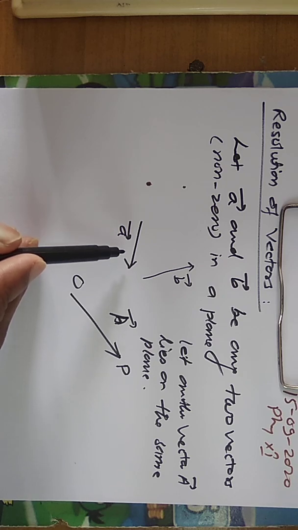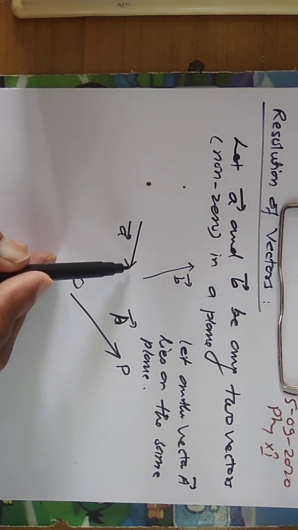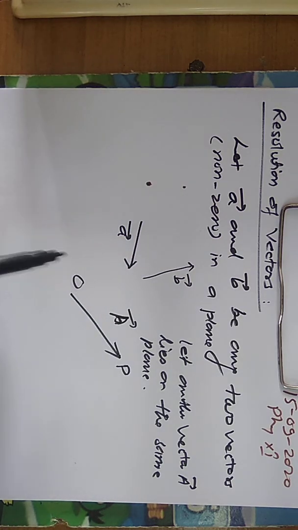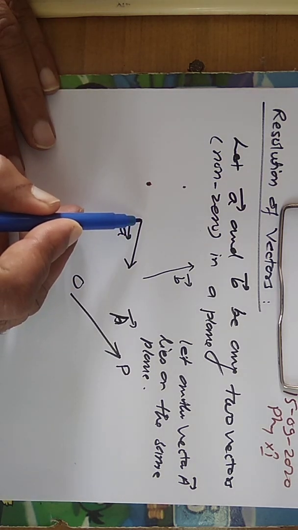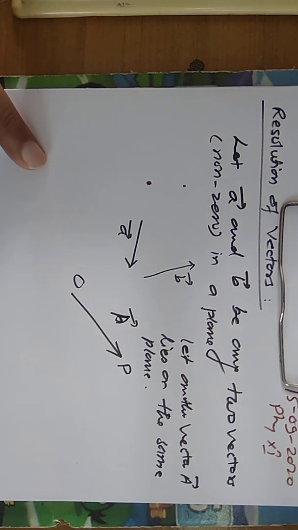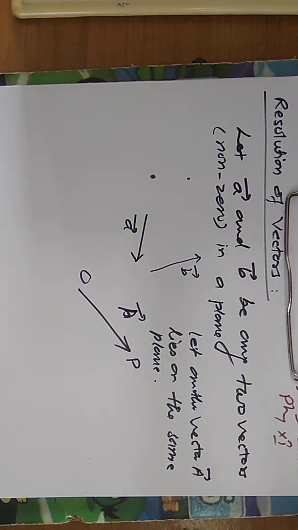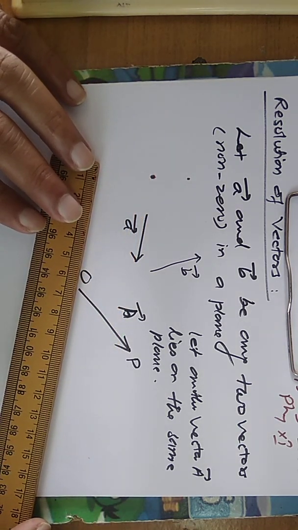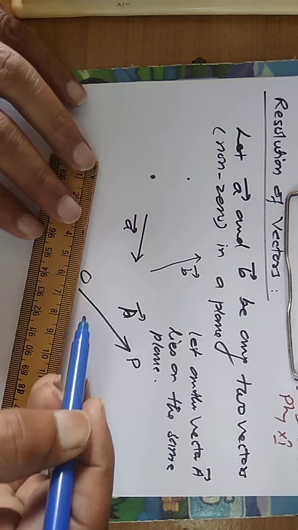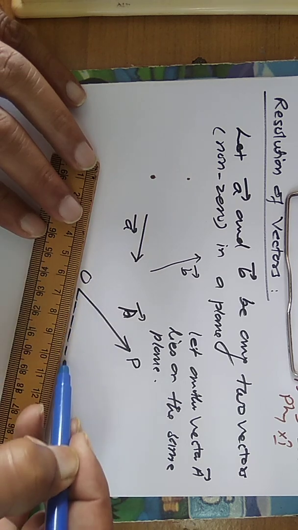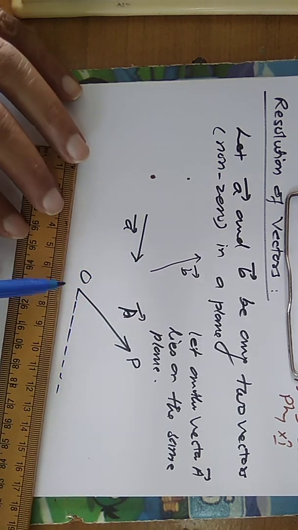One component will be parallel to A, another component will be parallel to B. So for this purpose we have to draw a vector parallel to vector A. First of all, you may draw a line parallel to A, starting from O.